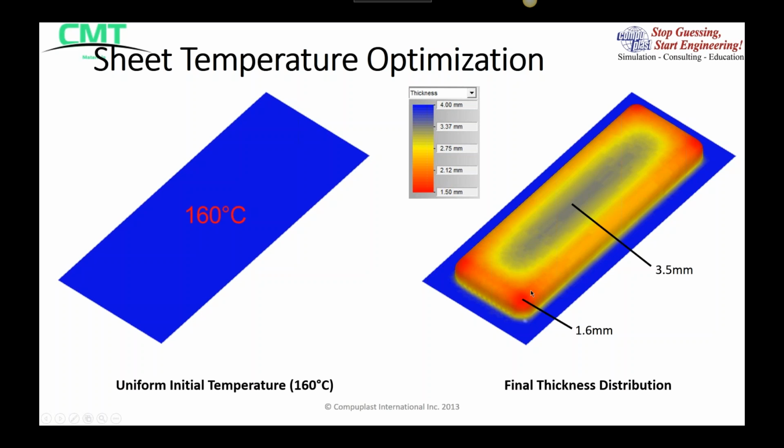So they had to pick a thick starting material. You can see here 4 millimeters starting material, and consequently they waste a lot of material in the center of the sign here to achieve the required thickness in the corner.